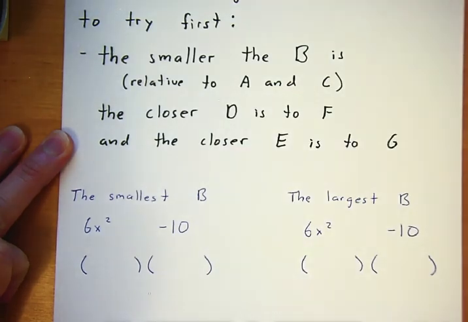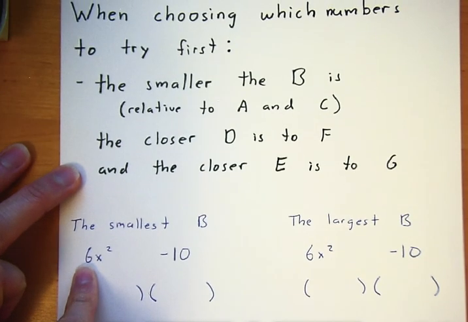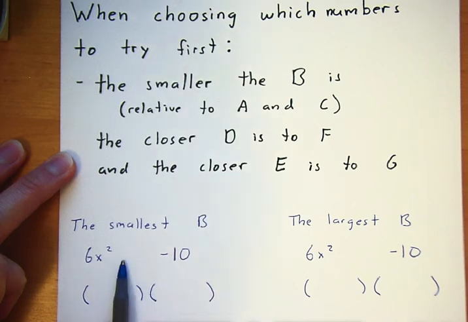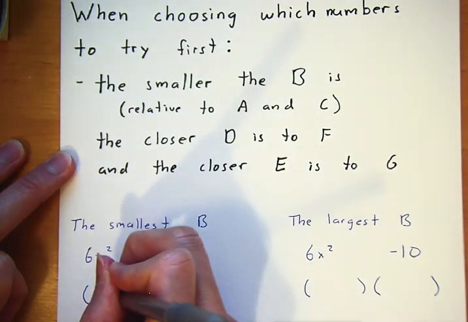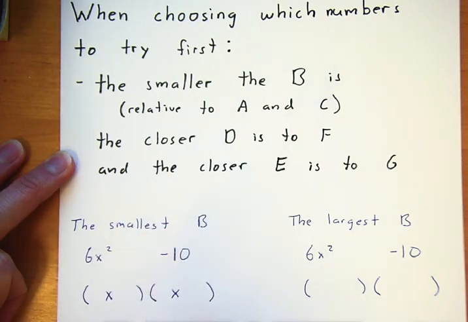So if I have a 6 in front as my leading coefficient, and I have a -10 as my constant, what is the very smallest b I can get? So this is going to be degree 1 here, degree 1.